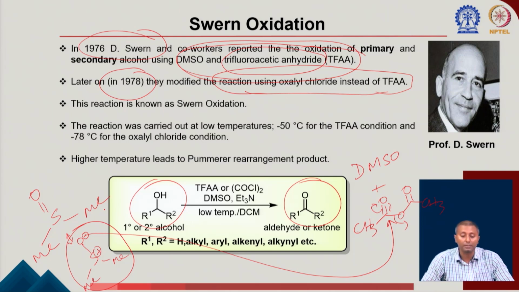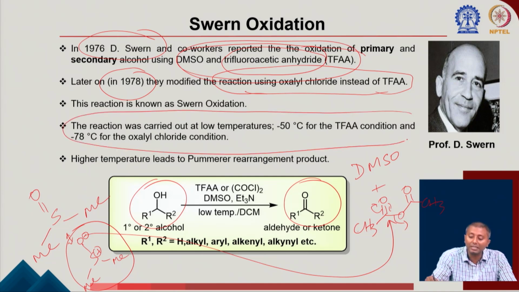And then there will be proton abstraction and formation of the double bond. But after that discovery, they found that using oxalyl chloride became really better. This reaction is very clean, and if you have a sensitive group, it stops only at the aldehyde and does not go to the corresponding acid. So they found that if you use oxalyl chloride and DMSO, you have to use a base here, and it is very important.